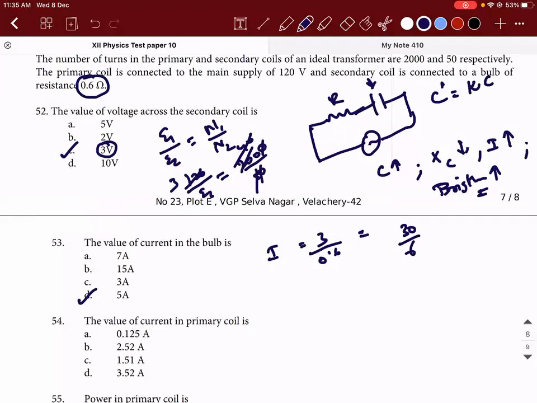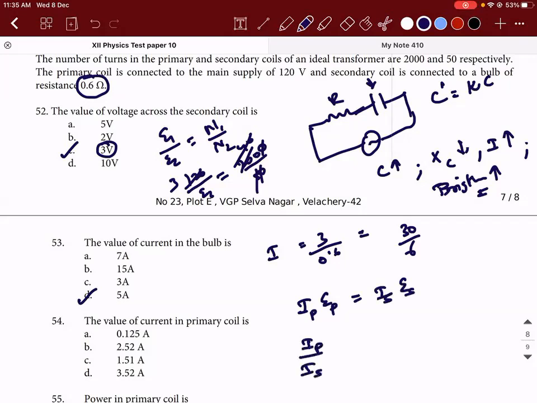The value of current in the primary coil. So how to calculate the current in the primary coil? So what is the other assumption that we do? We say that there is no power loss. So current across the primary coil into the voltage across the primary coil is equal to current across secondary coil into ES.